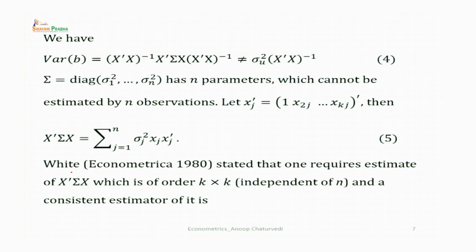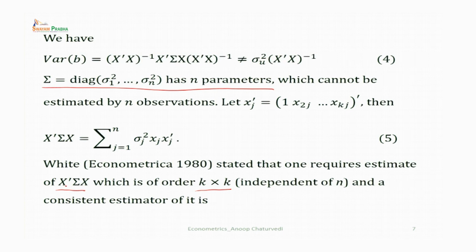Then White, in a paper in 1980 published in Econometrica, stated that one requires an estimate of x transpose sigma x, which is of order k by k, and it is independent of n. It does not involve n. If you are directly estimating sigma, then it may not be possible for you to estimate sigma directly, because sigma involves n parameters.